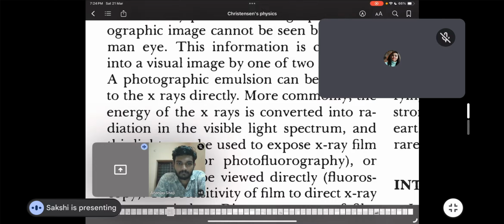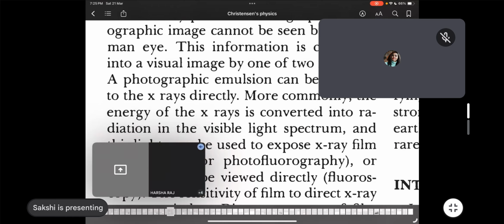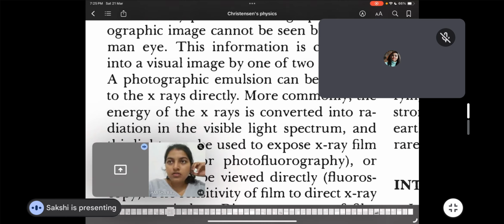It's okay, we'll see. So this information is converted into a visual image by one or two methods. So whatever information we are getting, we are getting that because of what concept? We have already discussed that in one chapter. Can you please tell me why exactly the information is coming in the radiographic image? Differential attenuation coefficient.